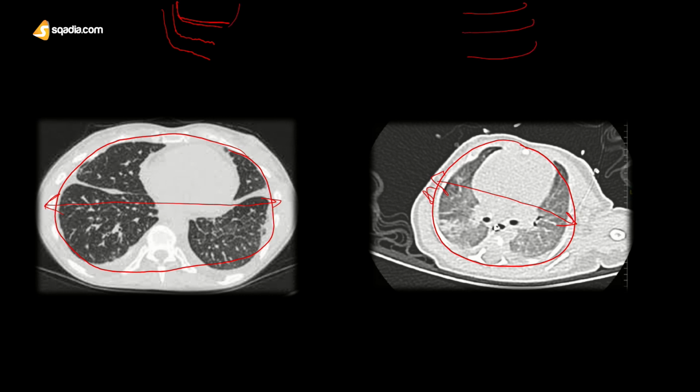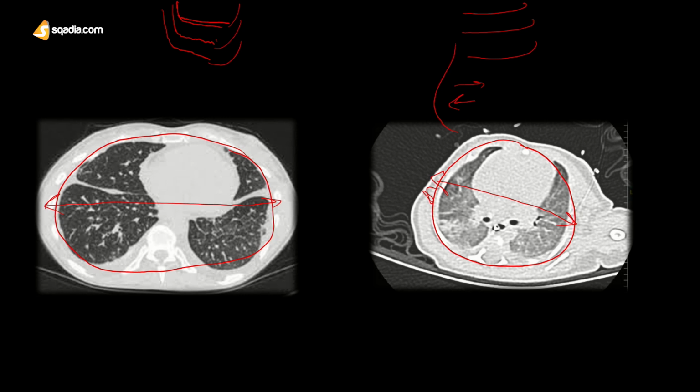What effect does this have on the chest movements? In the child, the respiration is more abdominal. In babies, especially newborns, it's very easy to see that they have purely abdominal respiration.